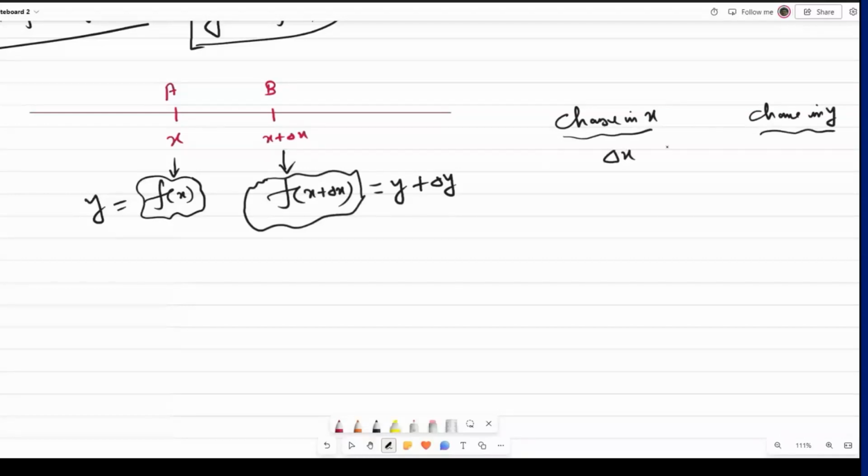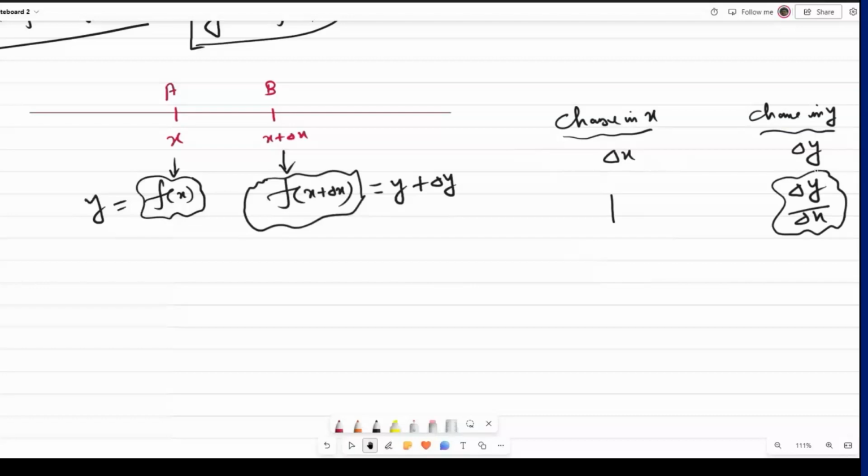Change in x, we have taken delta x. So when the variable changes by delta x, the change in y is delta y. For change in x equal to 1, by the unitary method, this will be delta y by delta x.